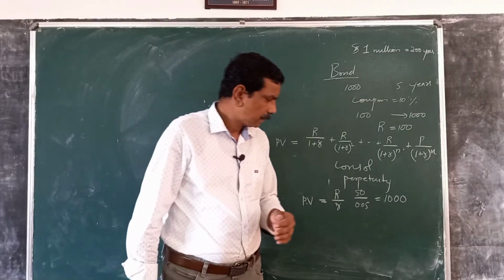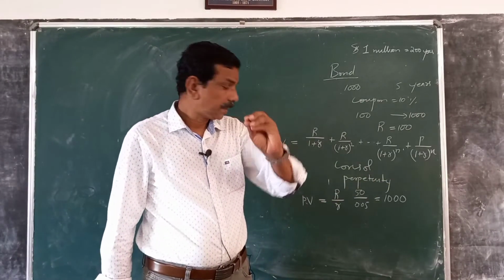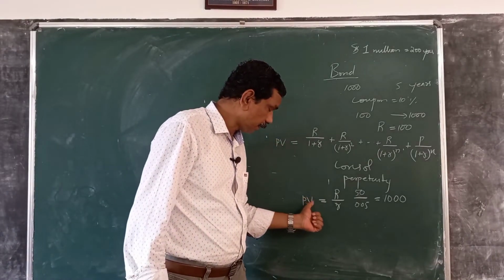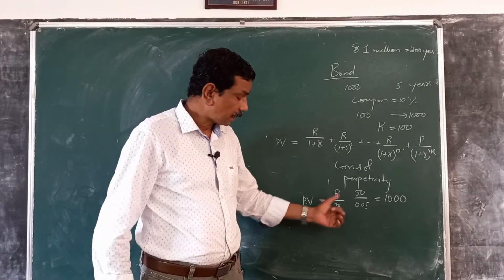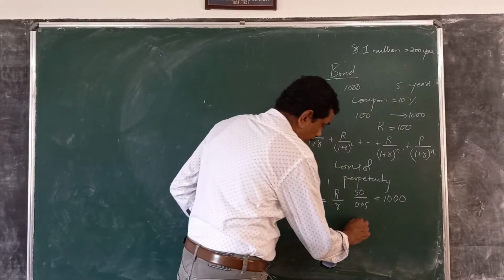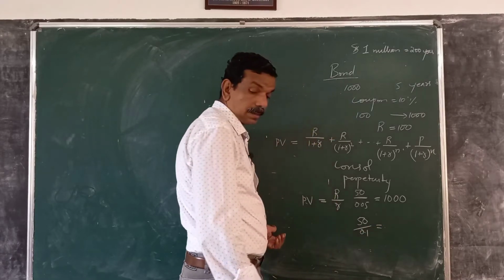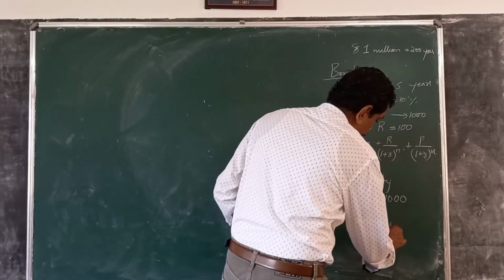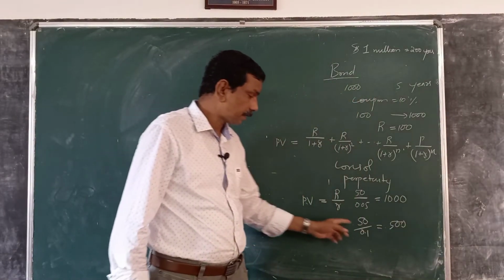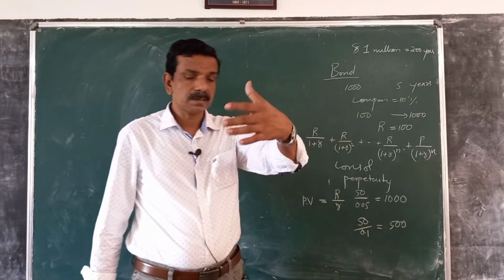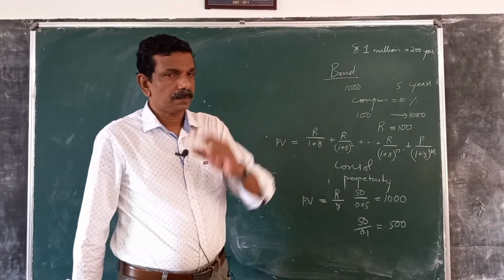And this gives us an important relationship between present value of the bond and market rate of interest. If i increases to 10%, it becomes 50 by 0.1 and it becomes 500. So there is an inverse relationship between the price of bond and interest rates. That is something which we will discuss in detail later in the context of demand for money.